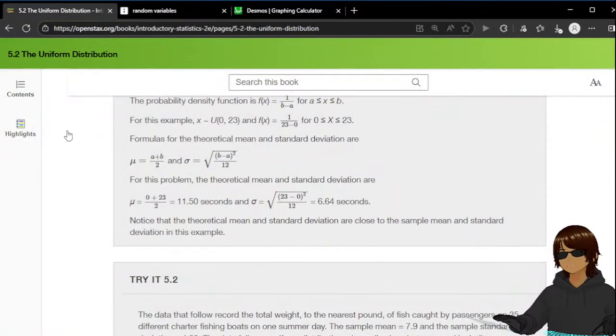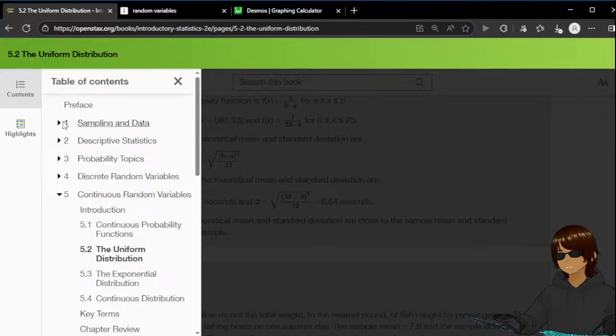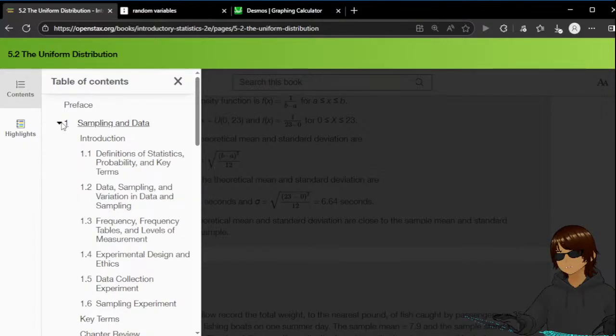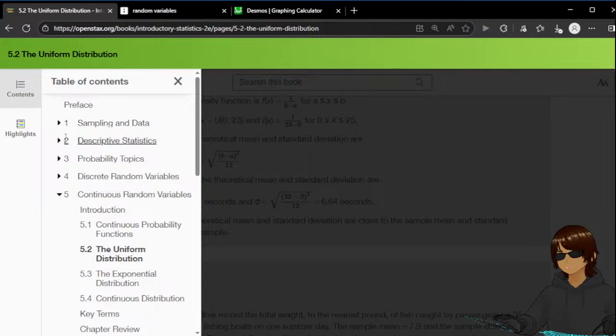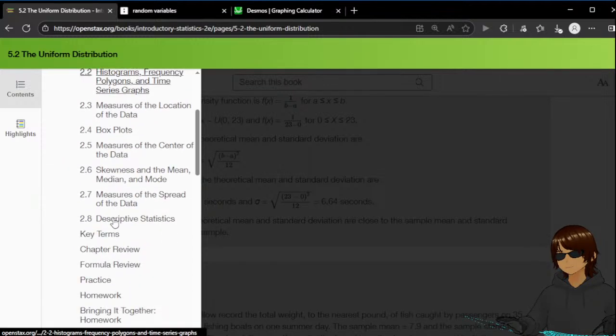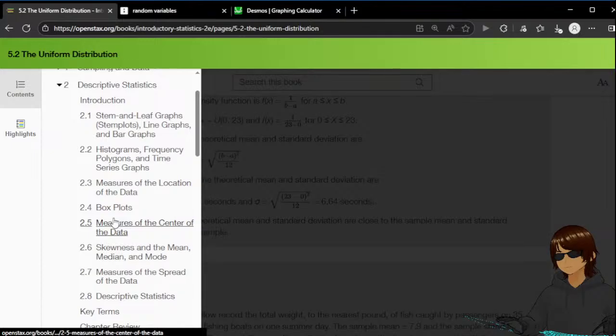Before I go any further, I just want to check the definition of variance. It's not opening.